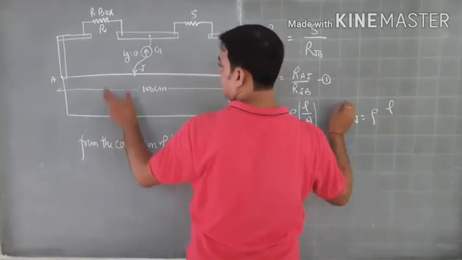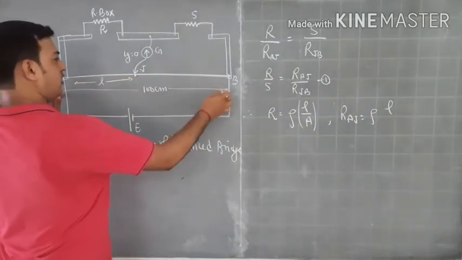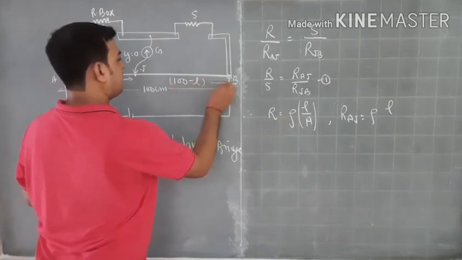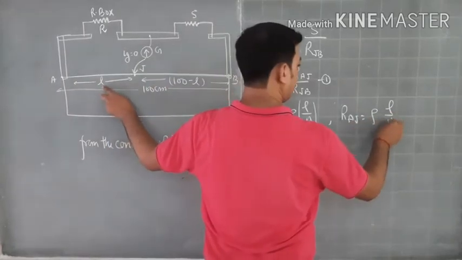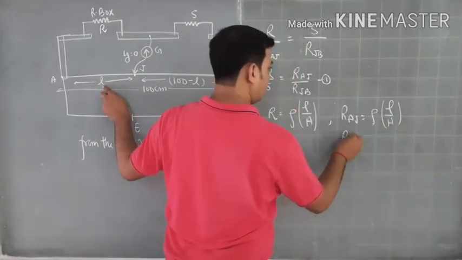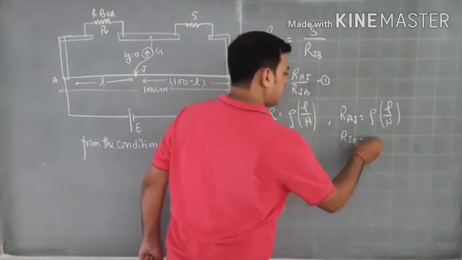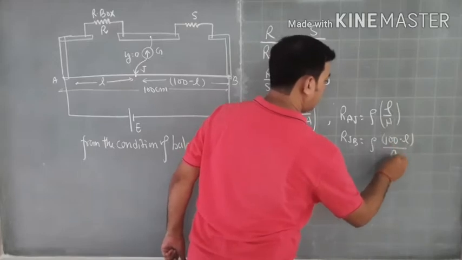The length is L, so just take this length as L. So if the whole length is 100 centimeters, the remaining length will be 100 minus L. So for this part, the length is L and the area is A. Similarly, for the JB part, the length is 100 minus L. So this is resistivity, length 100 minus L, divided by A.